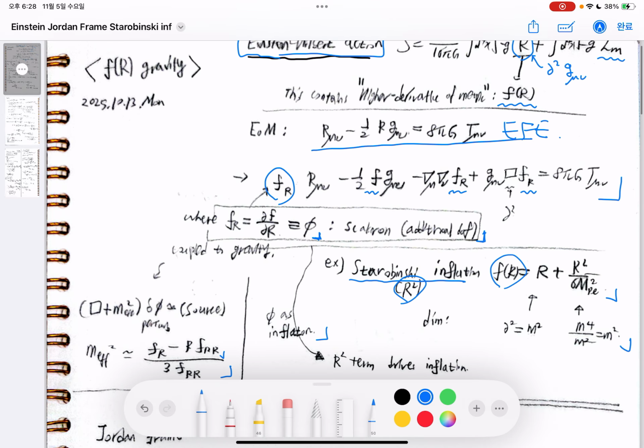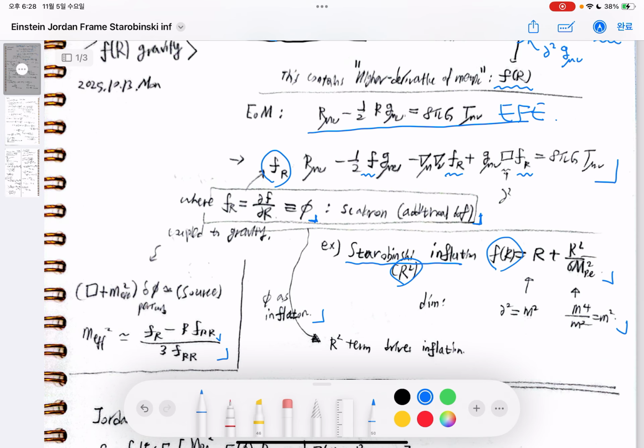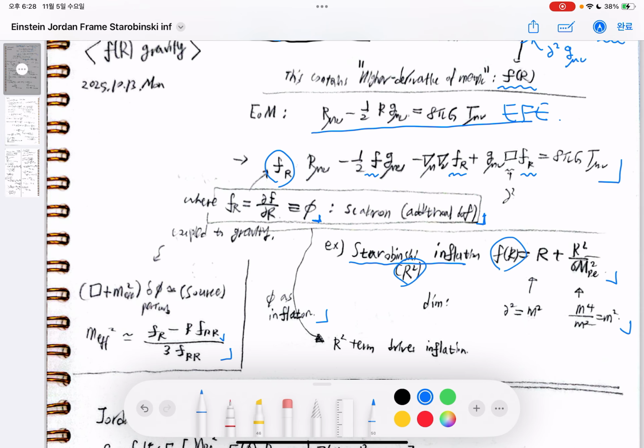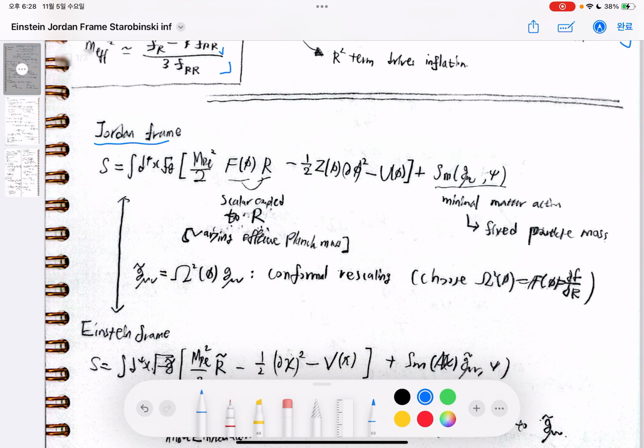But such higher derivative operators of f(R) gravity can be rewritten as the Einstein-Hilbert action with a coordinate transformation. This is called the exchange between the Jordan frame and the Einstein frame.